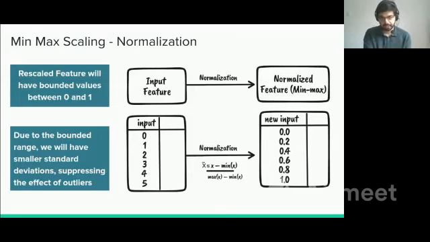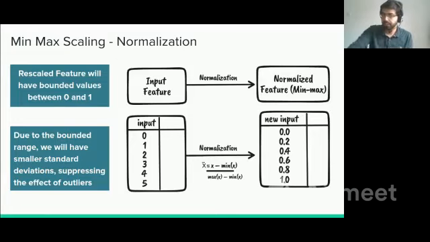X bar is equal to x minus min of x divided by max of x minus min of x, right? All the values in your normalized feature column will be between 0 and 1, and this restricts the scale of the feature. This is a useful property for some of the modeling techniques that we have.